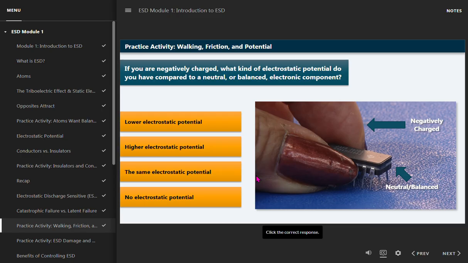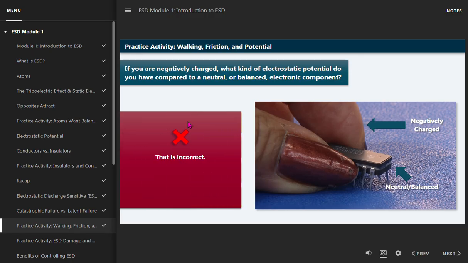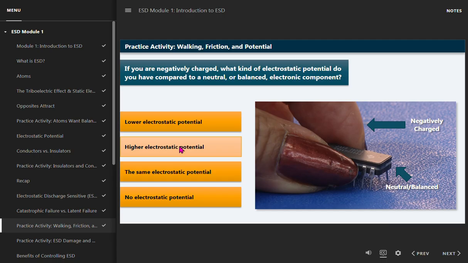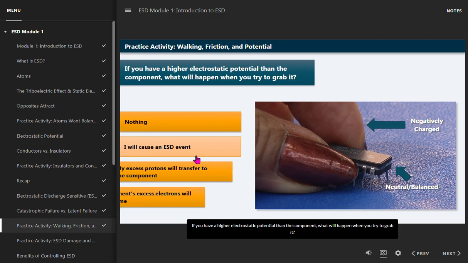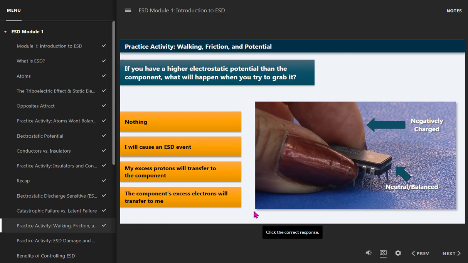Click the correct response. If you have a higher electrostatic potential than the component, what will happen when you try to grab it? Click the correct response.